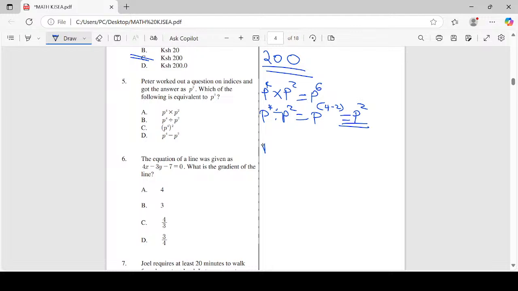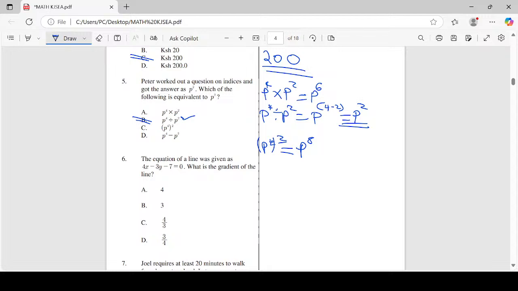When we have p power 4 into 2, the powers will get multiplied. 4 times 2 will make it 8. This is like p power 8. So the correct answer here is choice B. That is on the division law. You subtract the powers. When you subtract 4 minus 2, you are going to get 2.